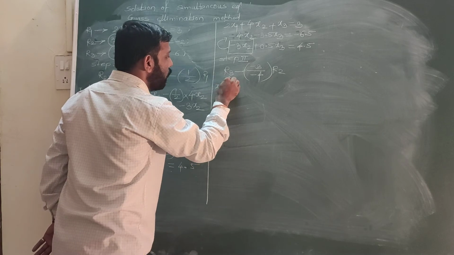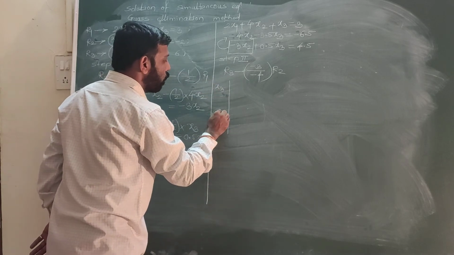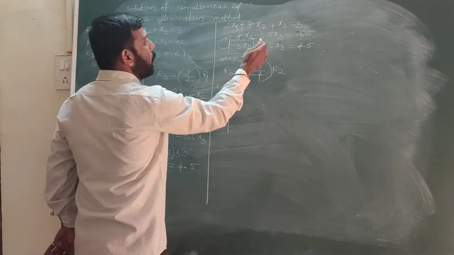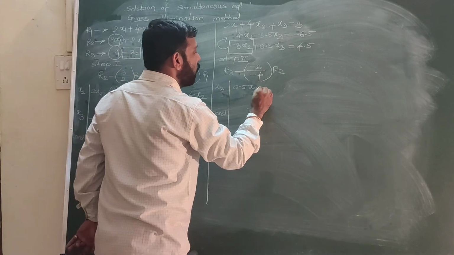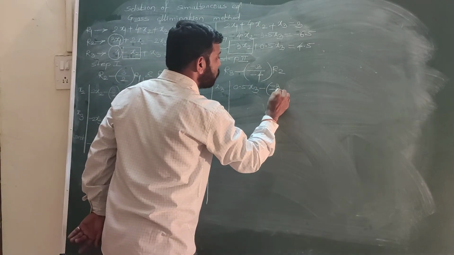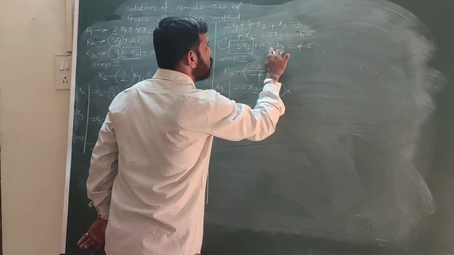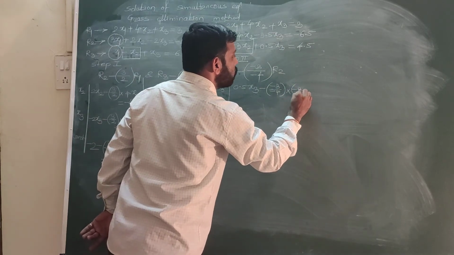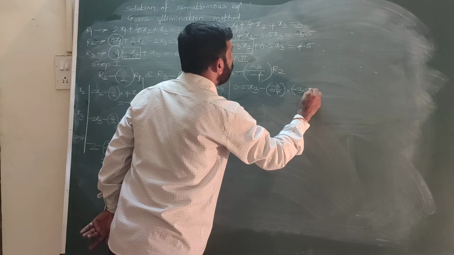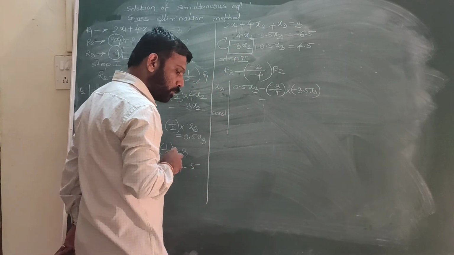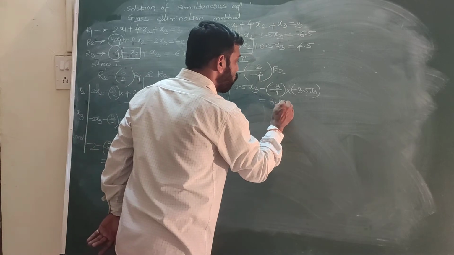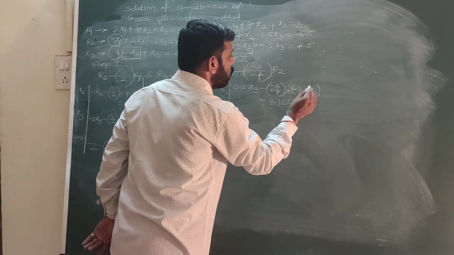For x3, 0.5 x3 minus its R2 term, 3.5 x3, which equals 3.125 x3.